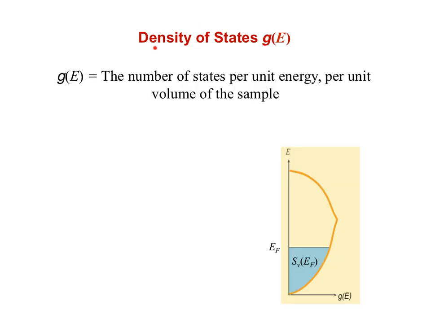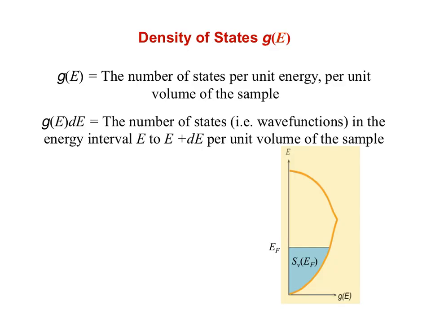This density of states function g is a density in two ways. g is the number of states per unit energy and also per unit volume of the sample. For example, g of E times some dE interval of energy describes the number of states or number of wave functions that exist in this energy interval per unit volume of the sample.